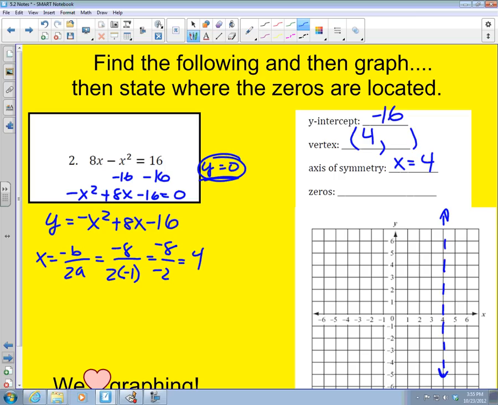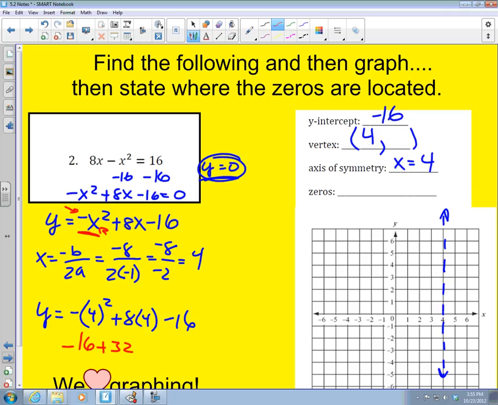Plugging that 4 in for x, I get y equals negative parentheses 4 squared plus 8 times 4 minus 16. Now, if you look at this x right here, it's negative x squared. The negative is not squared. Only the x is squared. So it's negative 4 times 4 is 16, so that's negative 16.